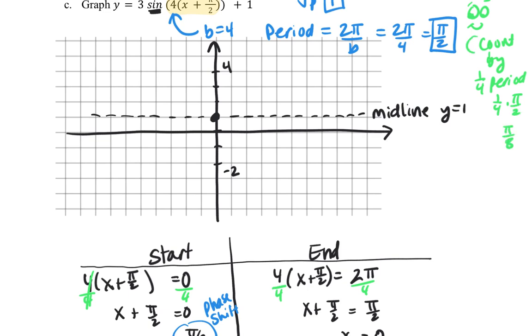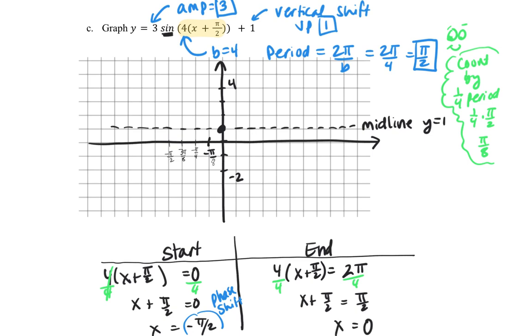That is what my tick marks are going to be worth. Alrighty, here we go. Negative pi over 8, negative 2 pi over 8, which simplifies to negative pi over 4, negative 3 pi over 8, negative 4 pi over 8, which simplifies down to negative pi over 2.